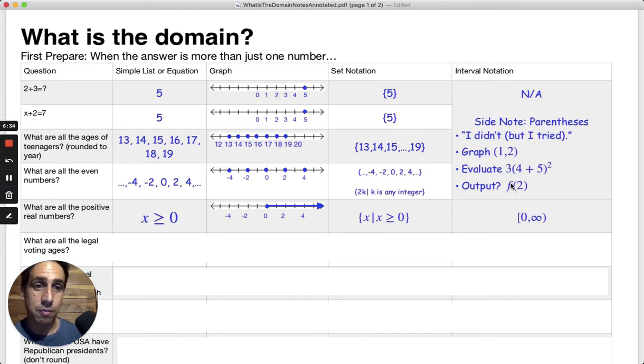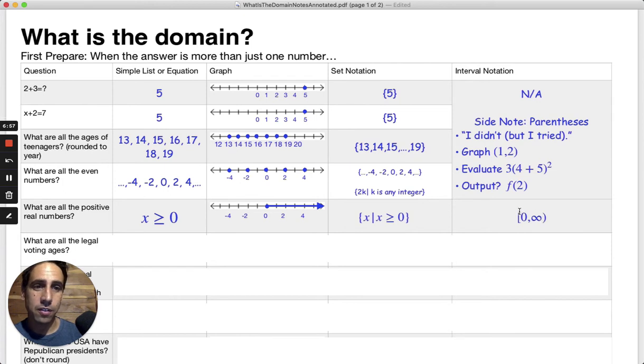This is not multiplication like it was before, but instead it's meant to indicate that the name of the function is f and the input is 2. And if you evaluate that, you're finding the output. What is the output if the input is 2 to the f function? So here we have yet another way, a fifth way, in addition to these 4.